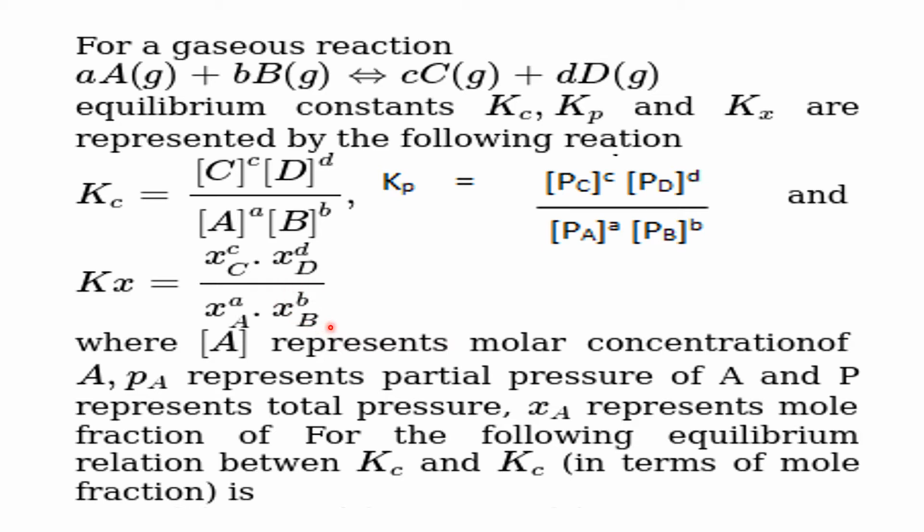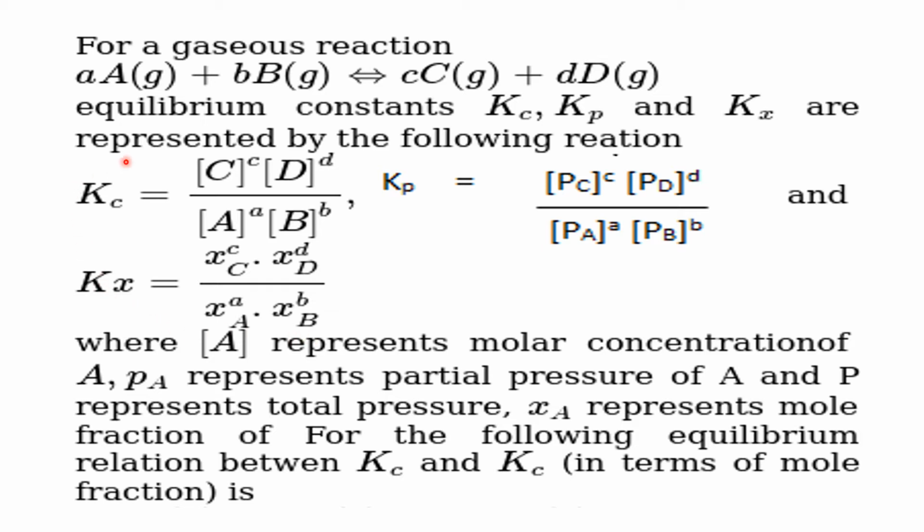That means we could define Kx as the product of the mole fractions of the products divided by the product of the mole fractions of the reactants. We know C and D are the products and A and B are the reactants.